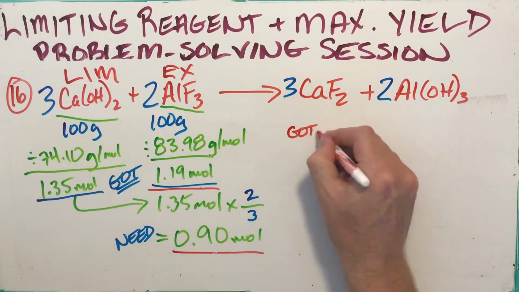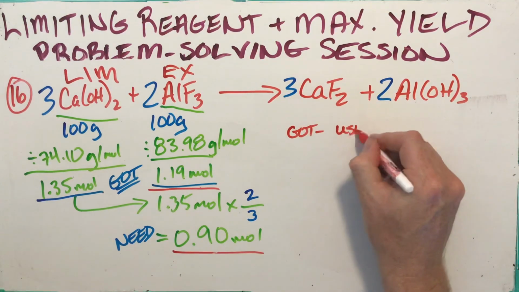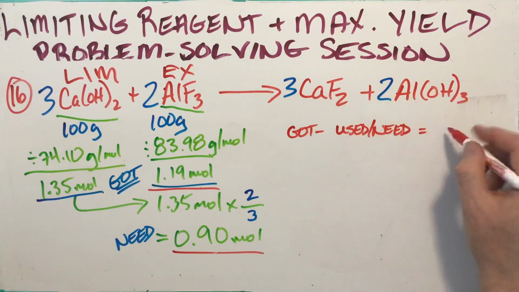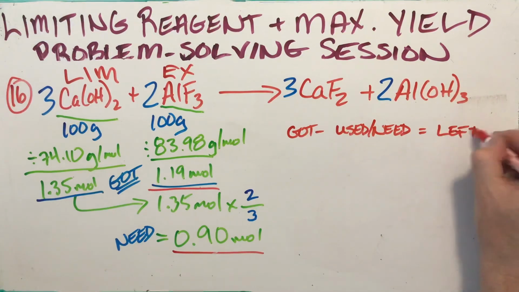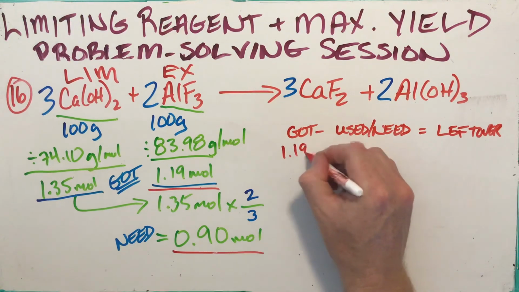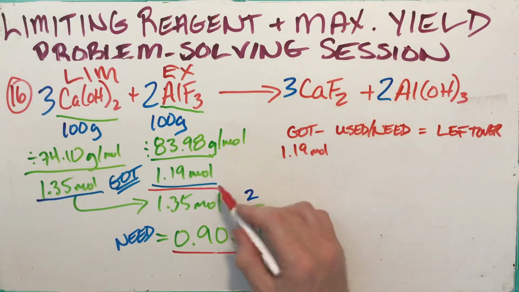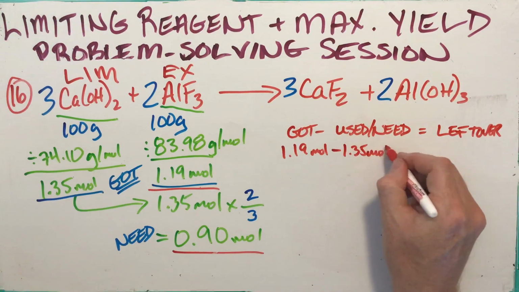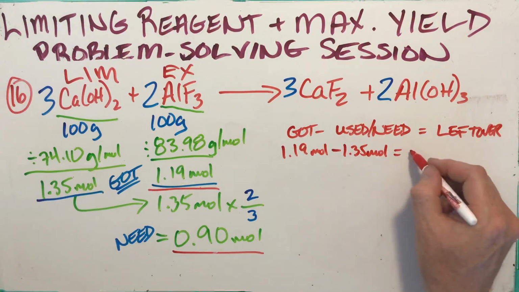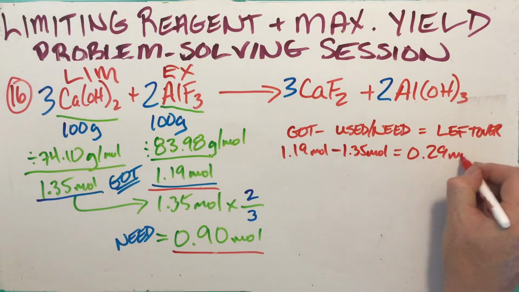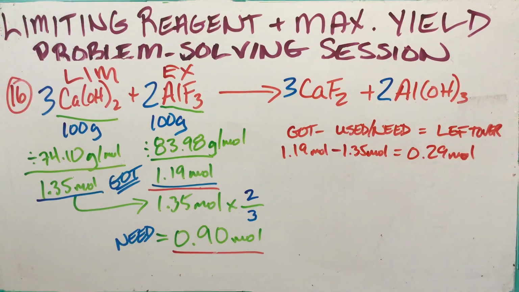Take what you got, subtract what you used or needed to run the lab, and you'll get the leftover amount. So I got 1.19 moles. I'm going to subtract 1.35 moles. And how much was left over? When I subtract those two numbers, it's 0.29 moles that was left over.